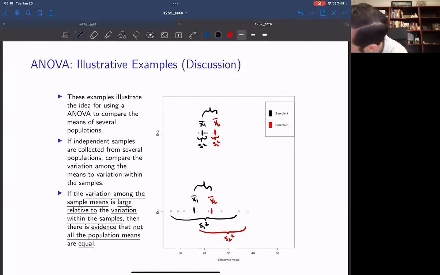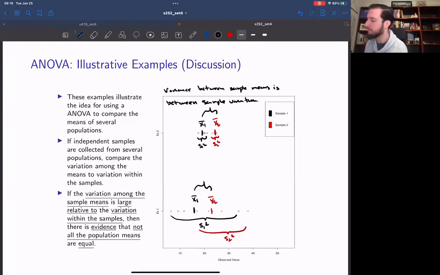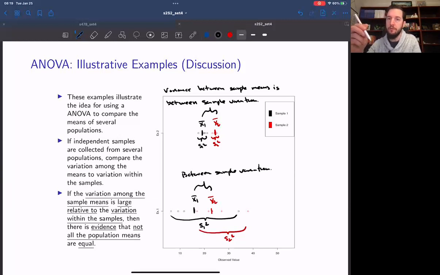Okay, so we define this between sample variation.